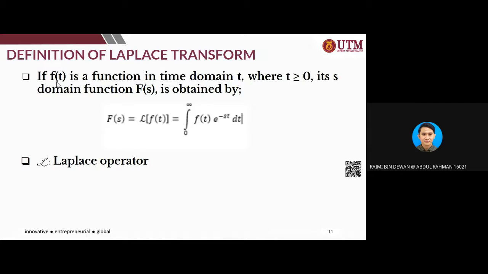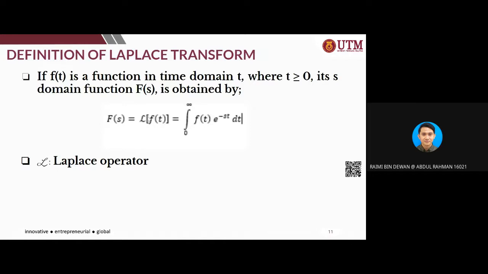If your f(t) is a function in the time domain t, small f(t), where t is greater than or equal to 0. You must see here, it is greater than or equal to 0. This is very important. Its S domain function is obtained by this. So you have capital F(s) to show that it is a Laplace transform signal.